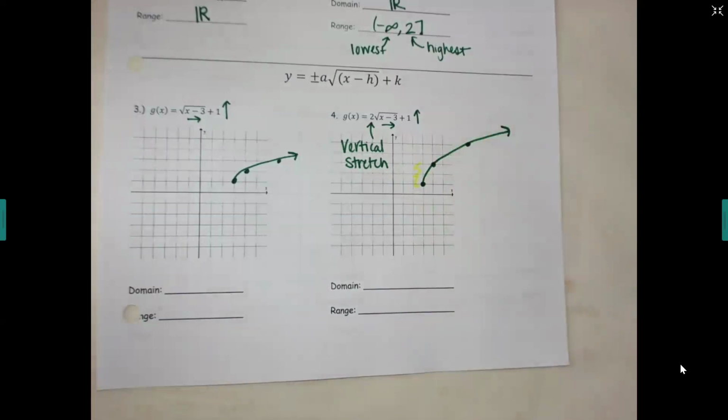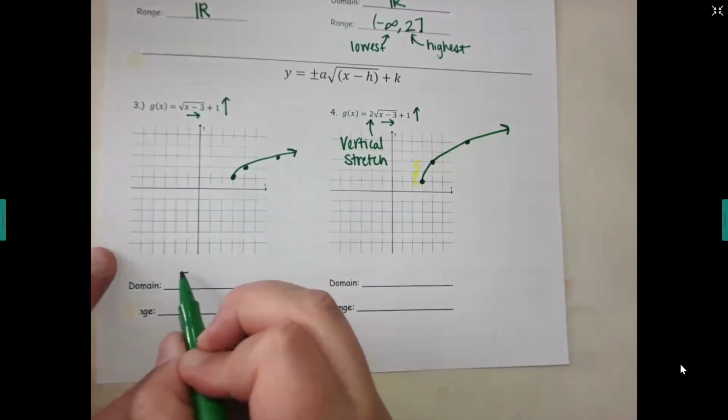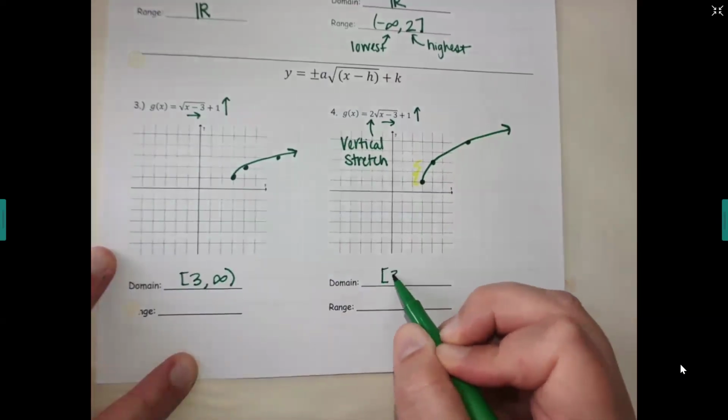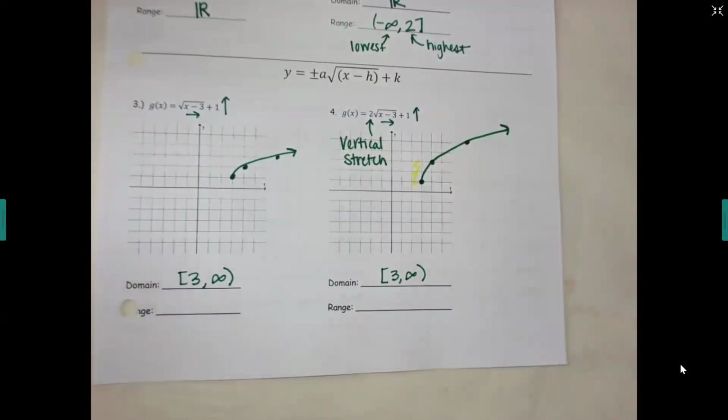Now, for both of these hooks, how far to the left does the hook go? You're looking at side to side for domain. 3. But they go to the right forever. And then for the range, what's the lowest point on the hook?